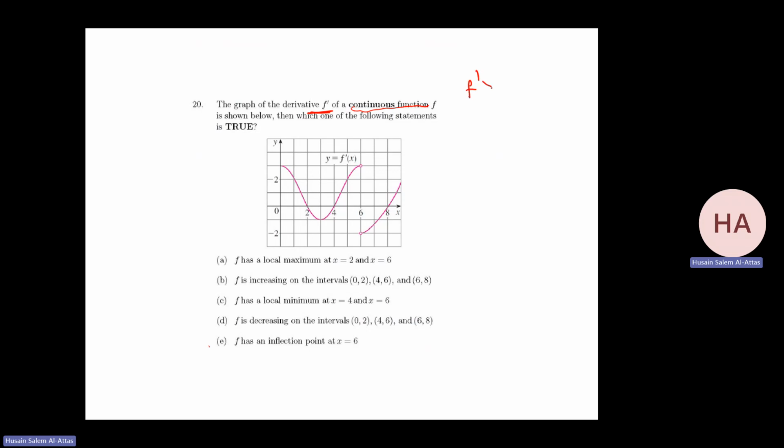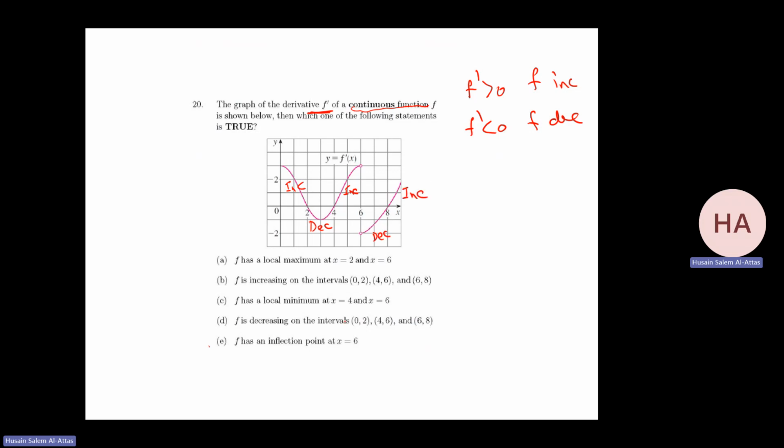If f prime is positive, then f is increasing. If f prime is negative, then f is decreasing. Since they have the graph of f prime, if it is above the x-axis, it's increasing. So it's increasing here, decreasing here, increasing here, decreasing here, increasing here.